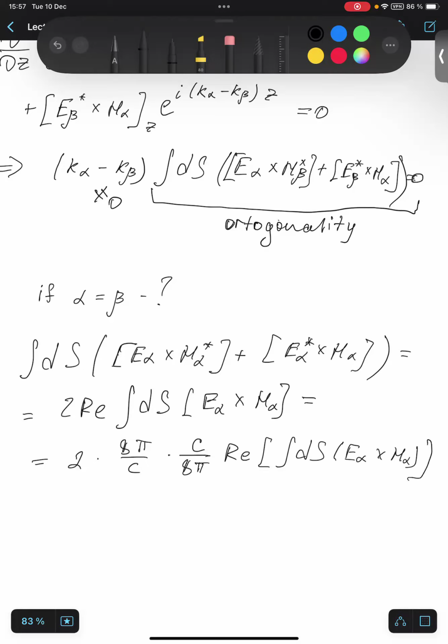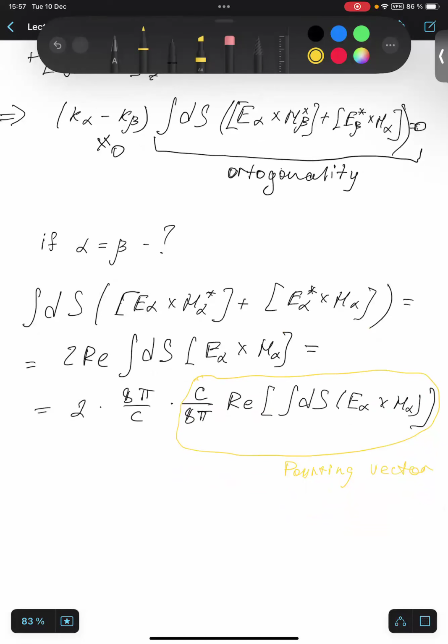So this is nothing else than the Poynting vector. And finally, we obtain the normalization of our modes. 16 pi over c, and I will call it P0.